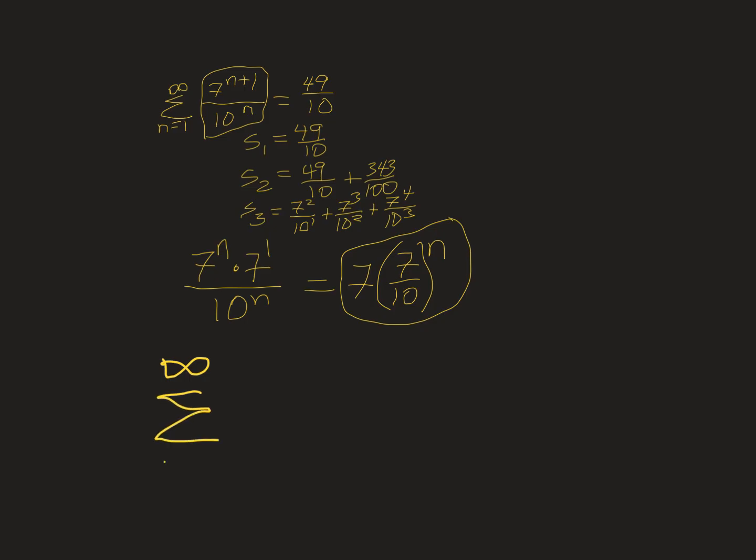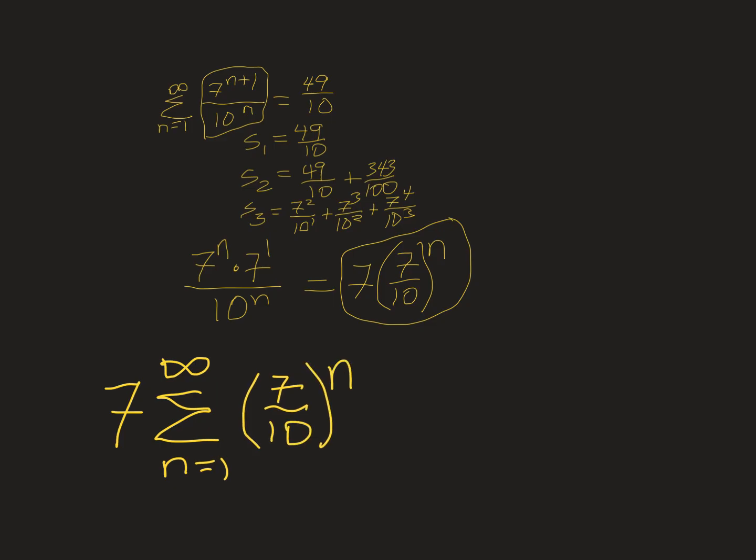So we have the sum from n equals 1 to infinity, and we're going to multiply whatever terms we get by 7, so we can pull the 7 out front. And then really we have (7/10) to the nth power.